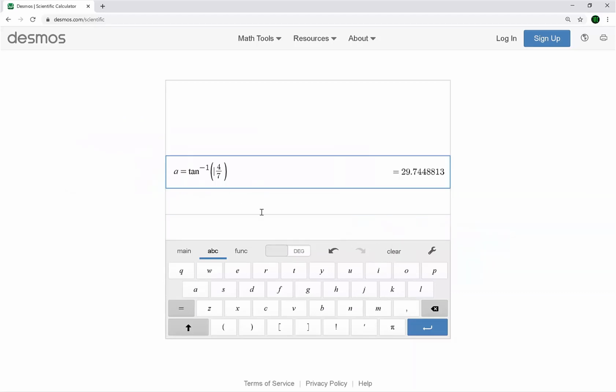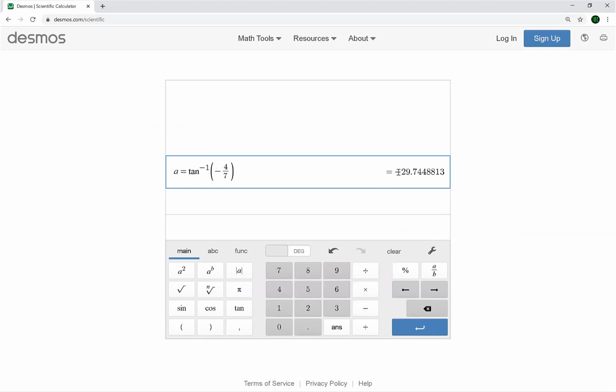So look, check it out, guys. Here's my negative. And yeah, negative 29.74, that is correct. That's in quadrant 4, but the angle has to be positive. So I'm going to add 180 to it. Well, actually add 360, but you'll see. Add 180 first. Oh, I gotta put A first.